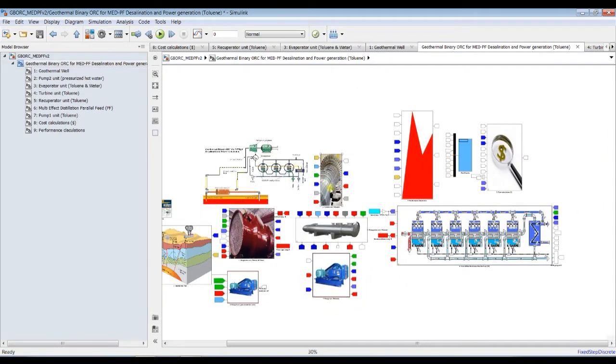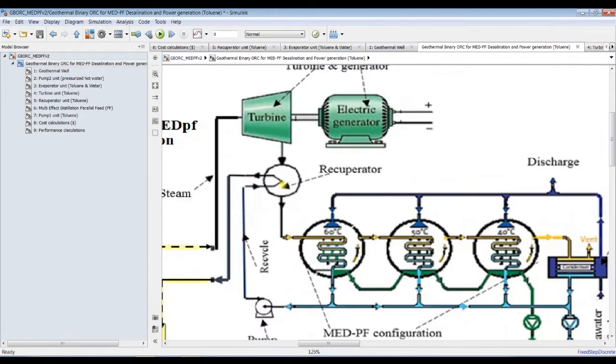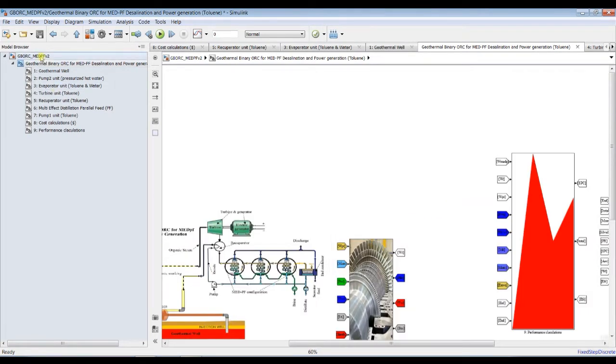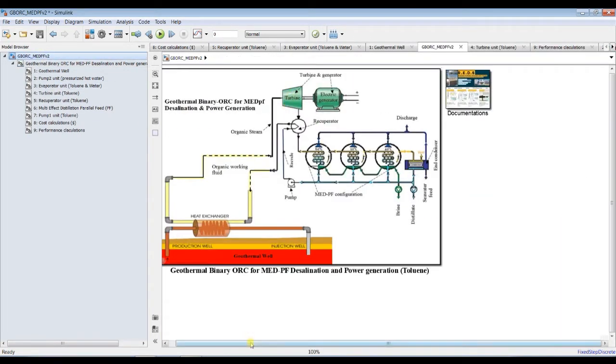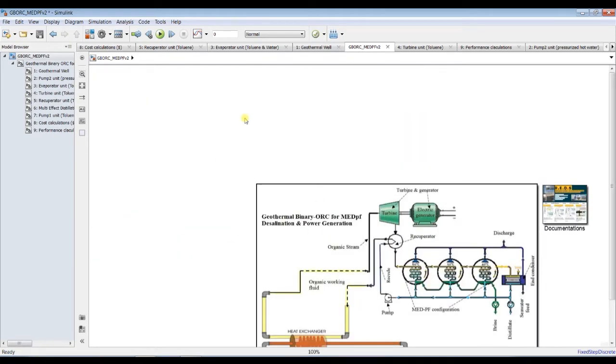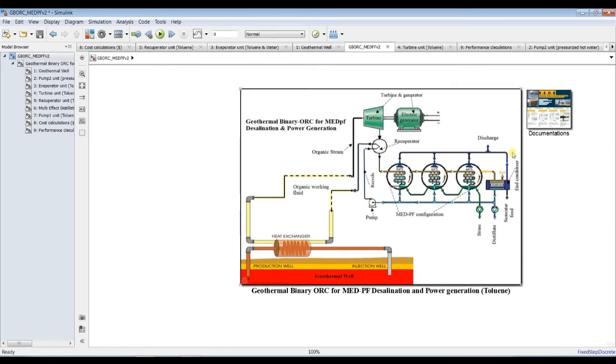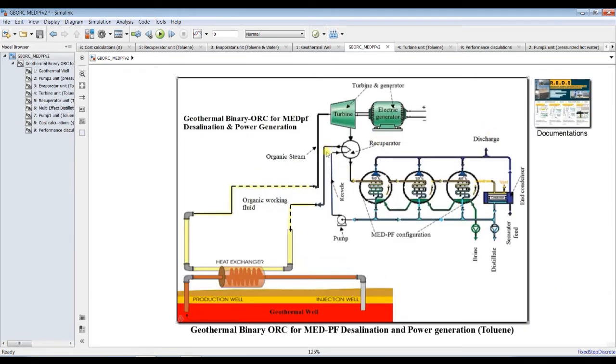The MED is fed by the stream outlet from the recuperator, as you can see here. The stream outlet from the turbine unit will go to the recuperator unit.